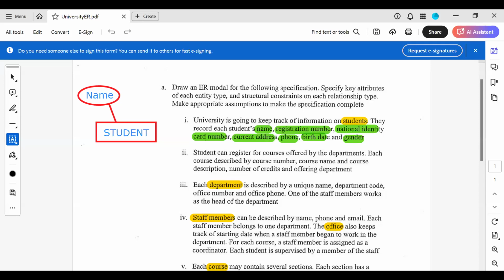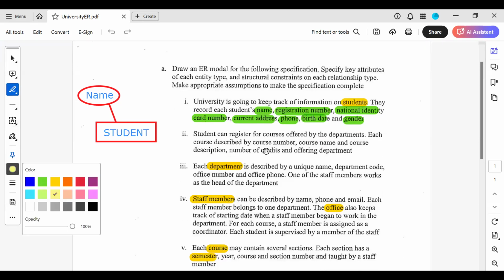Okay, now let's go to the second one. Student can register for courses offered by department, and each course is described by course number. Okay, so we have course here. Let me select another.